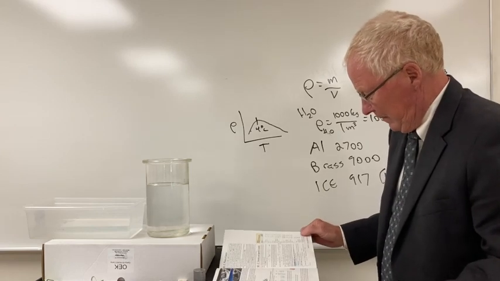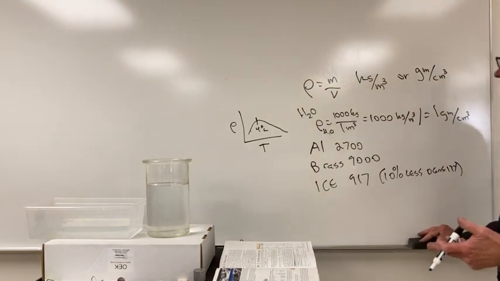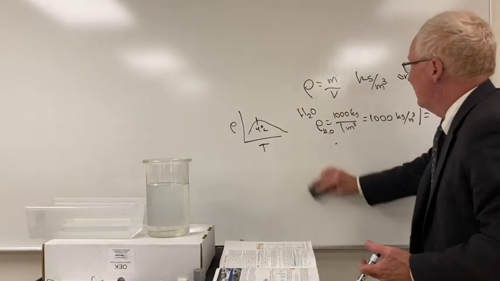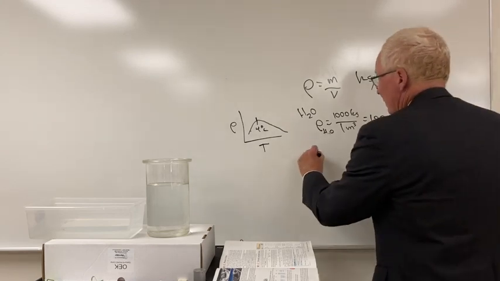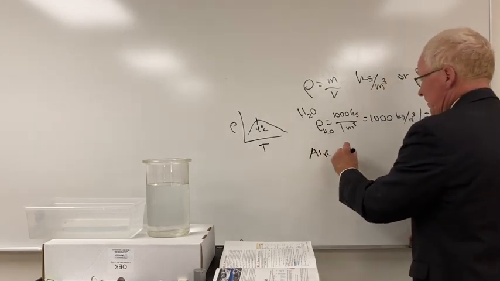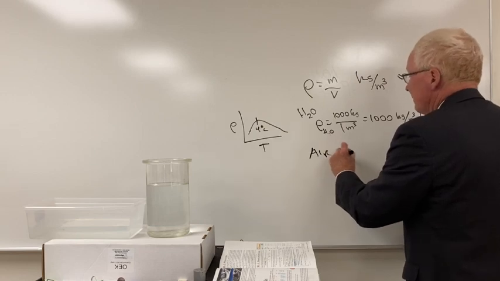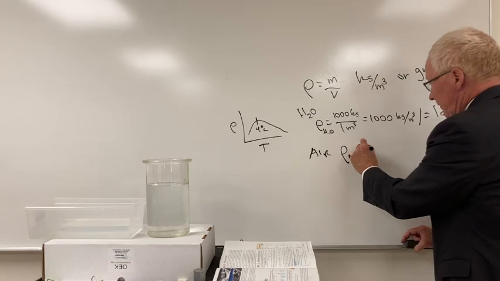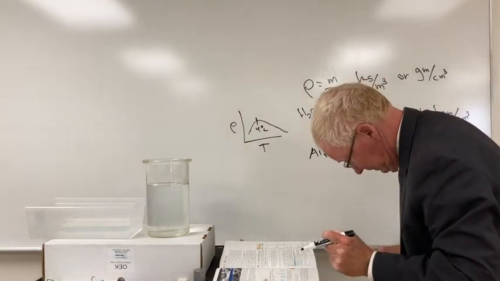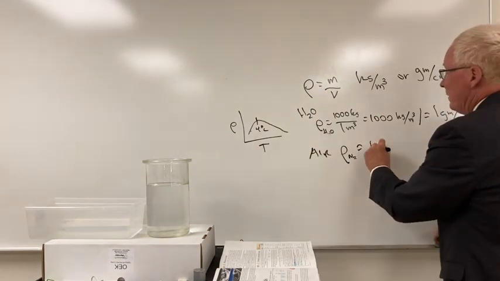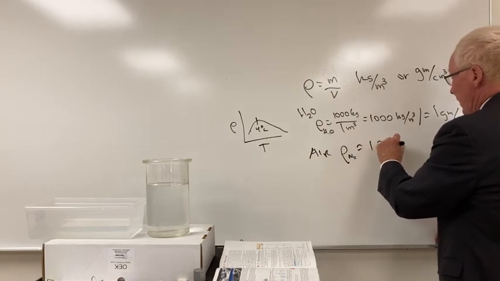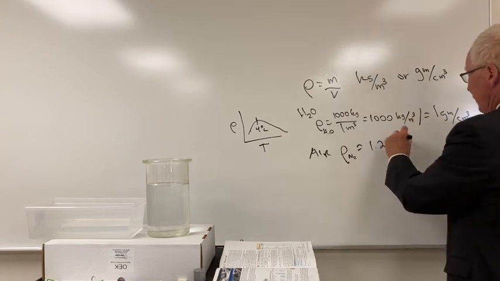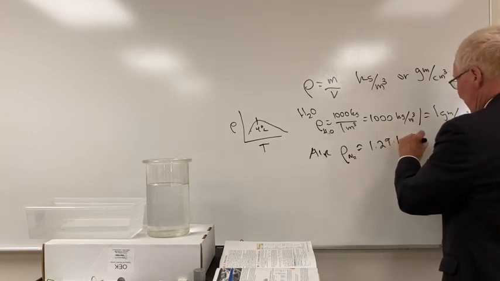So we have that. We also have air, which is mostly nitrogen, and has a density of roughly 1.29 kilograms per meter cubed.